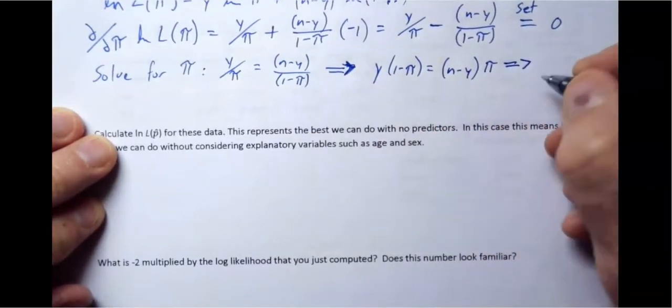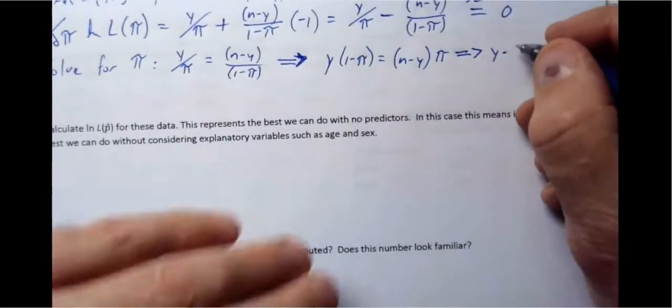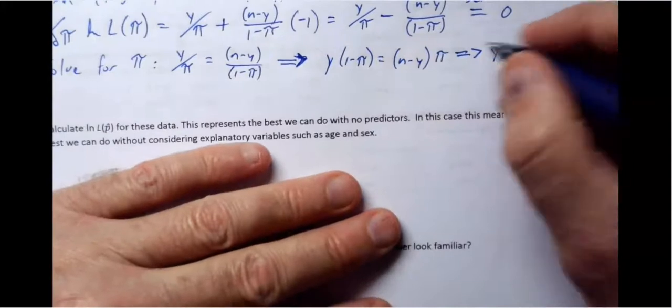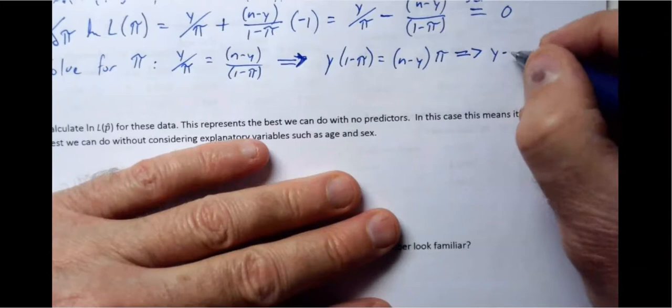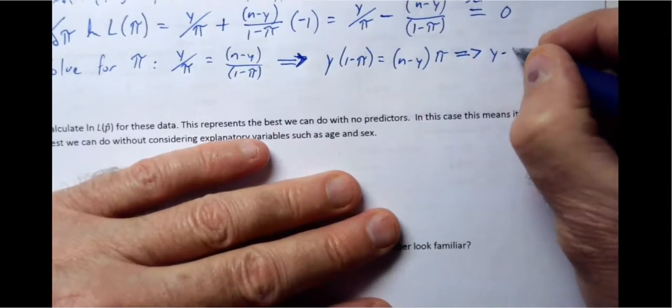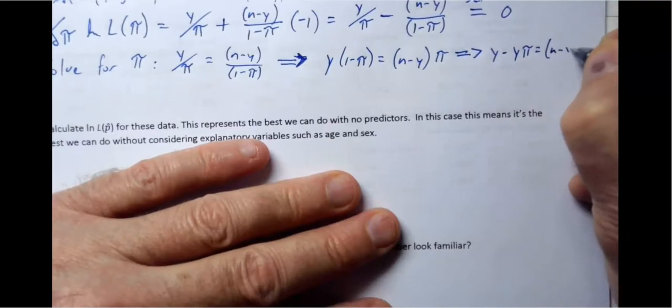At this point I'm going to expand everything out. y minus y times pi equals n minus y times pi.